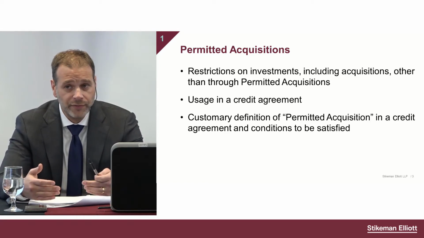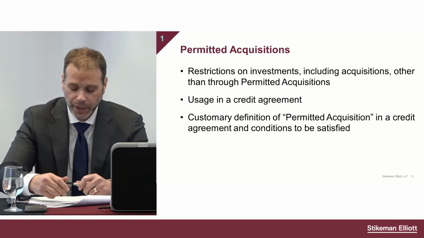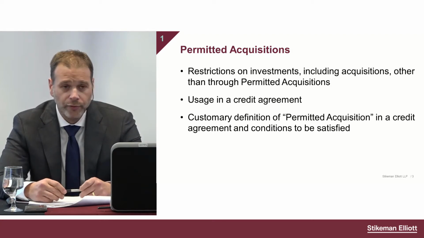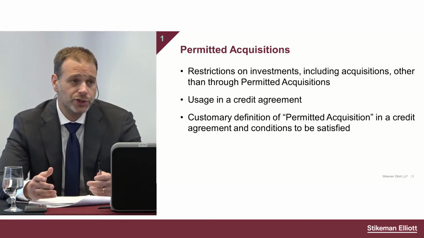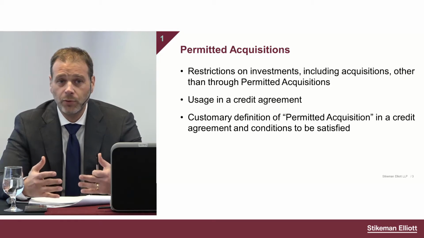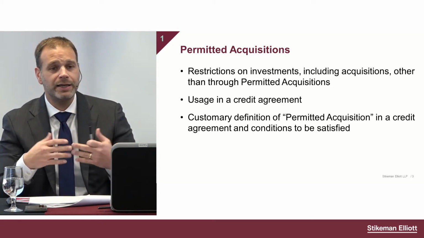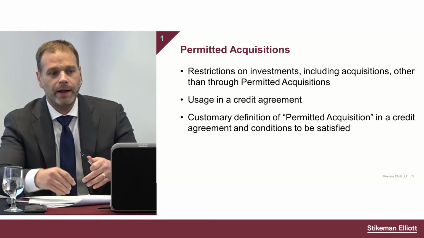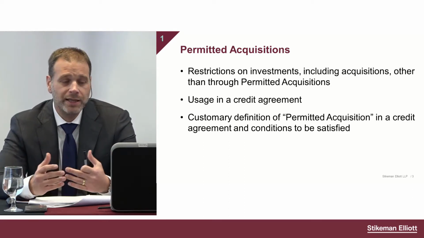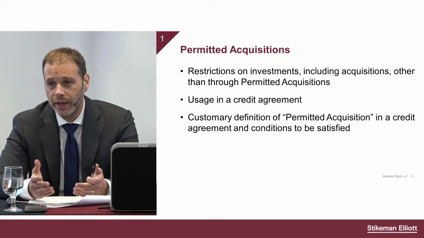Compliance with financial covenants as adjusted, which we had discussed before, so on a pro forma basis. Due diligence package. So the lender will obviously want to see the due diligence that the borrower has conducted on the target. The question now becomes, what is the level of diligence that needs to be provided and when?